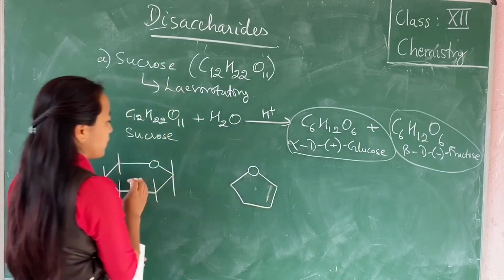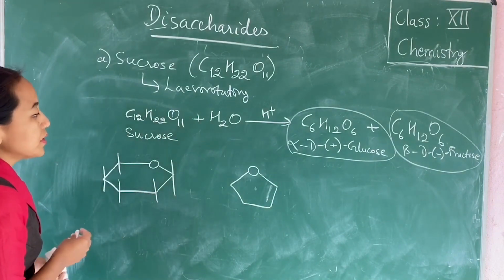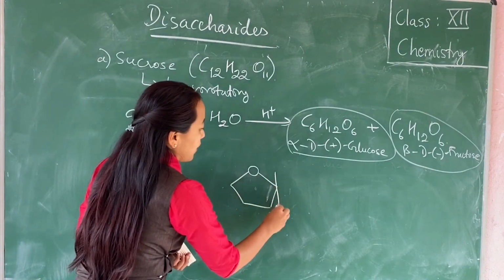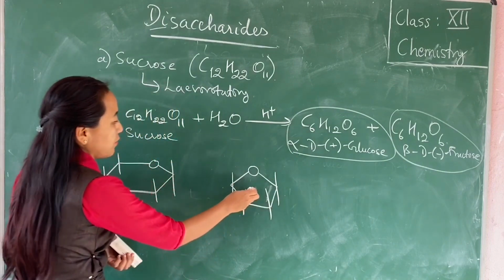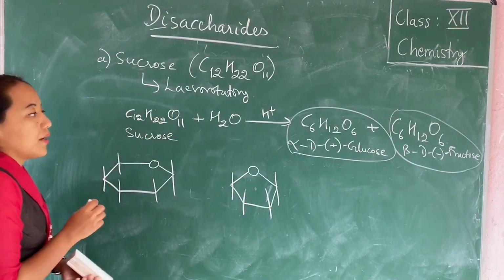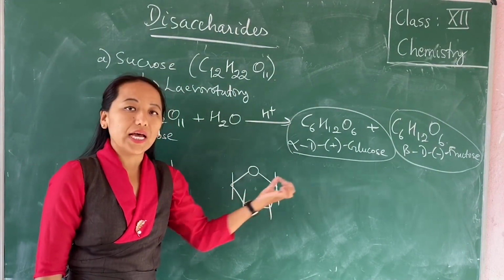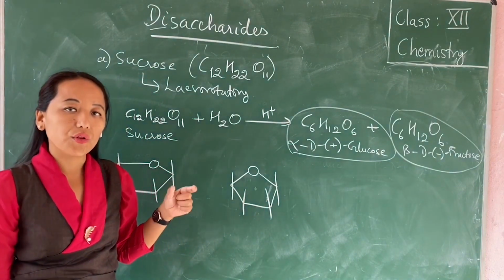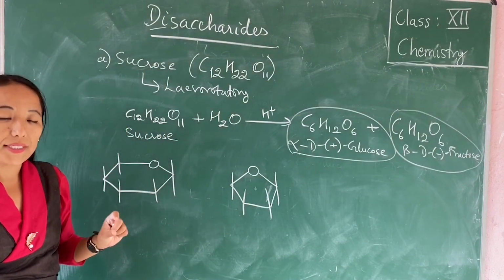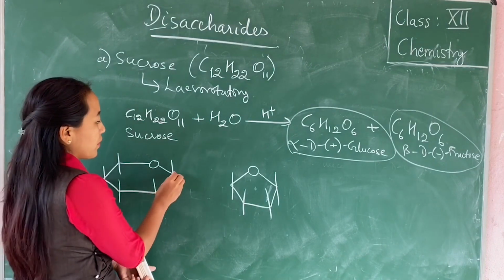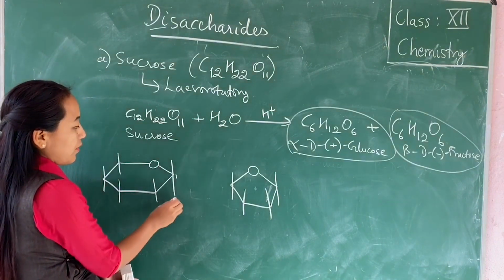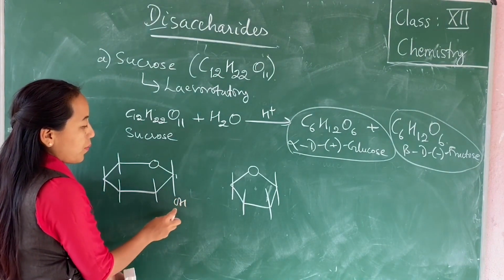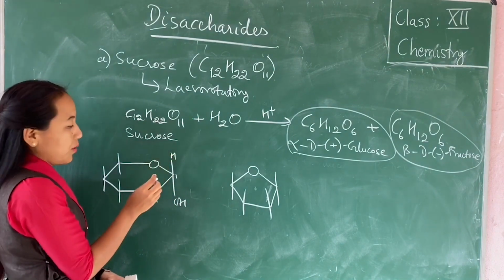Now it says alpha D glucose. Alpha indicates the OH on the first carbon atom is on the right hand side. Therefore, this is the first carbon. You will have OH at the bottom and H on the top.